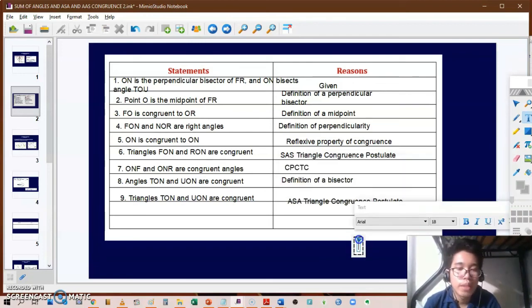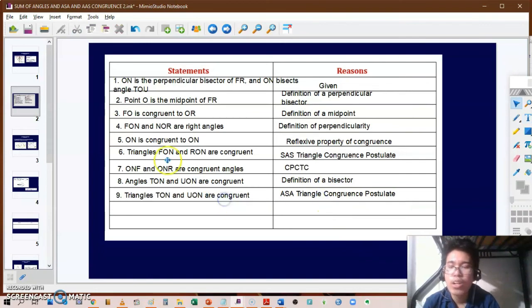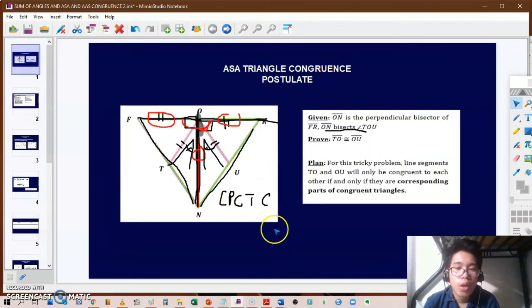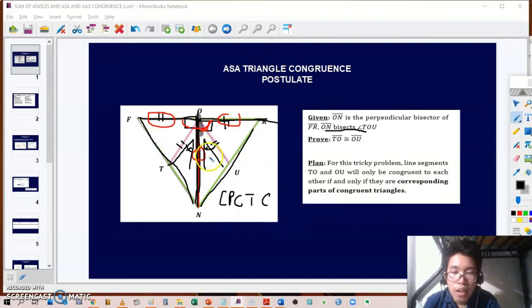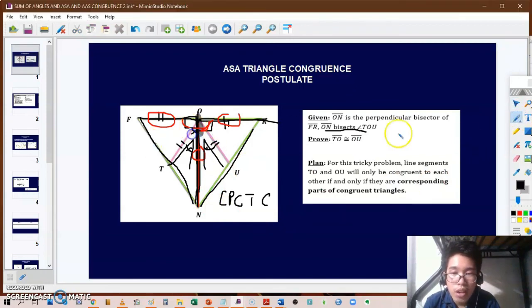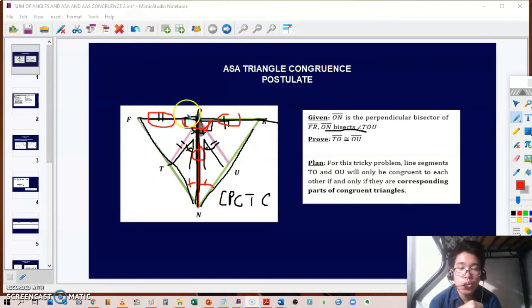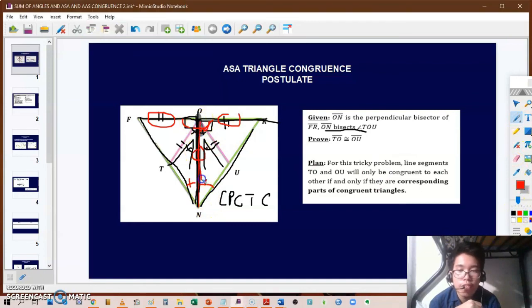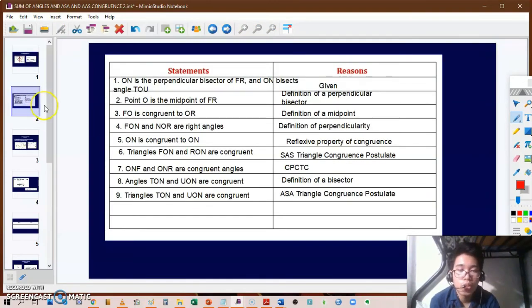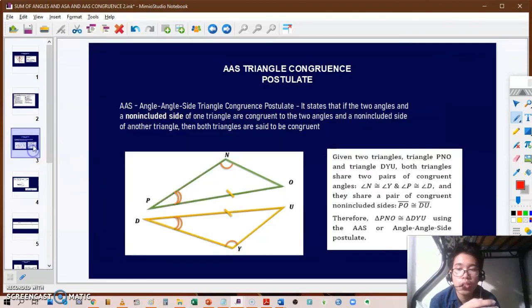So how are they congruent using that theorem? We've already proven that angle TON is congruent to angle UON because that's given, it's a perpendicular bisector. Also, angle ONF is congruent to angle ONR because we've already proven that those triangles are congruent, and therefore, through CPCTC, the two angles are congruent.